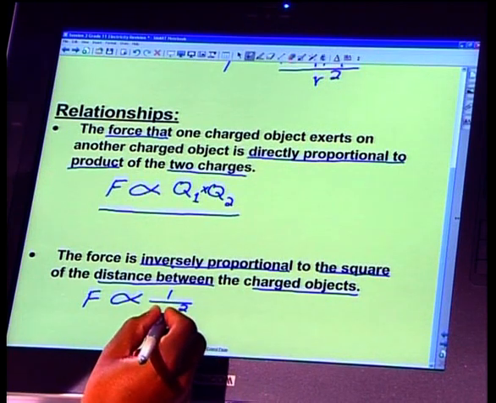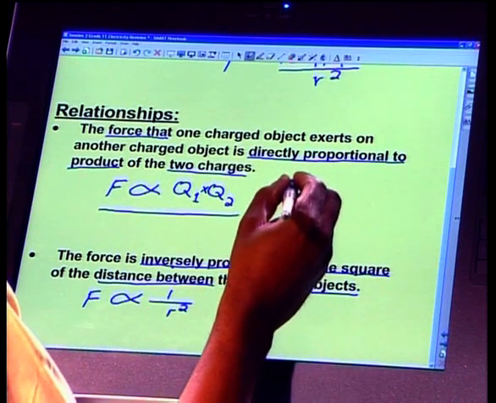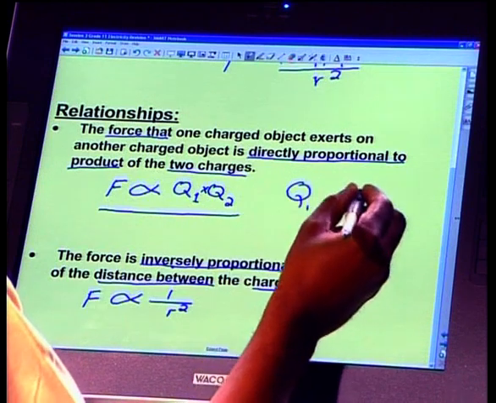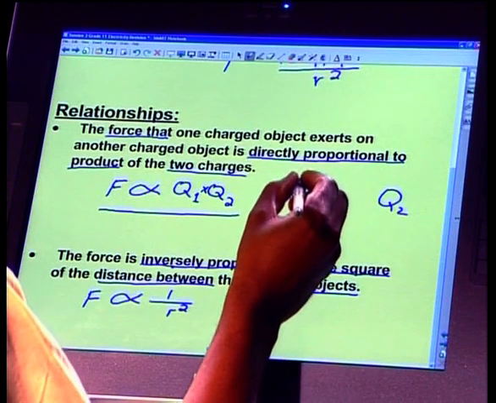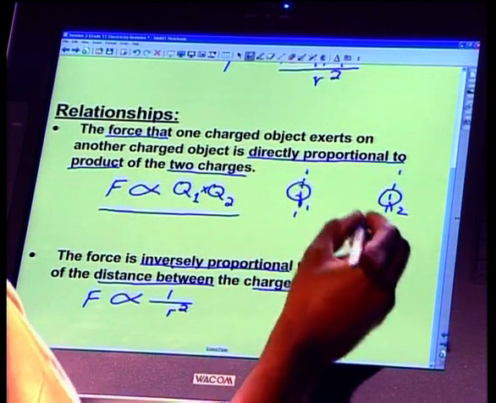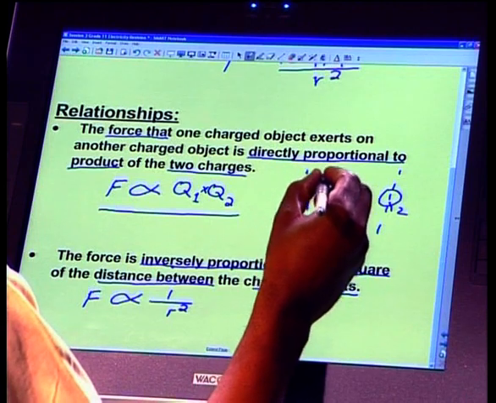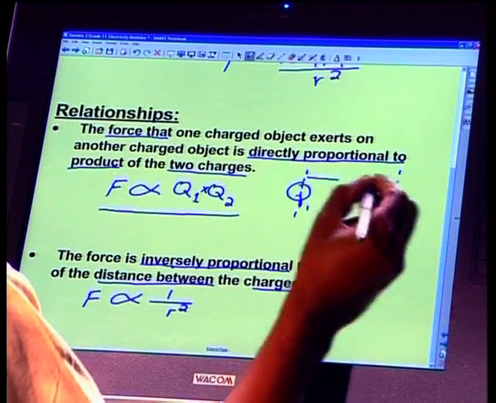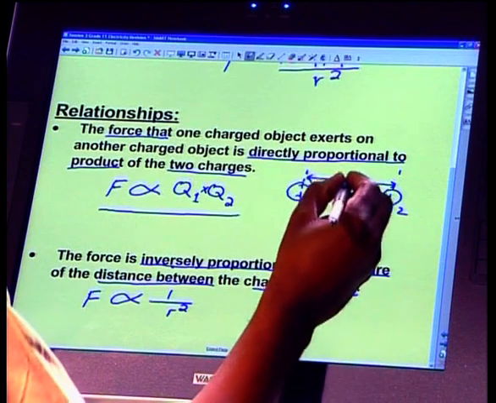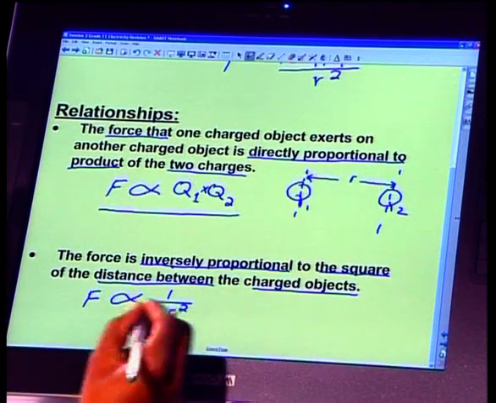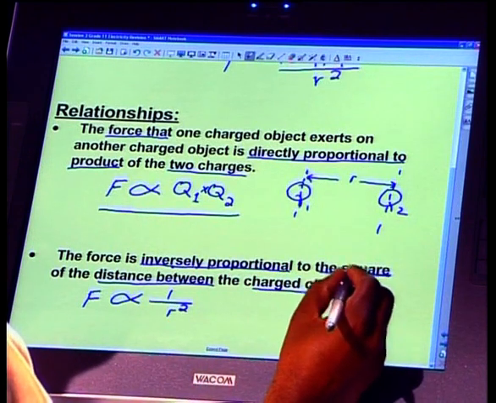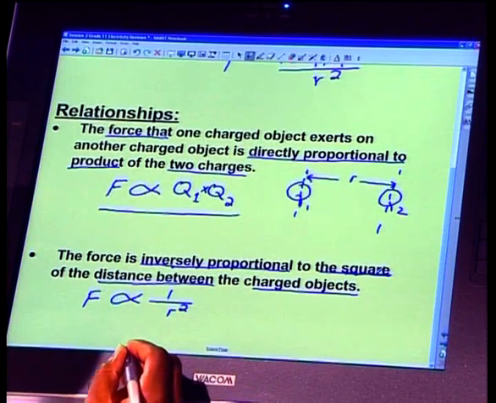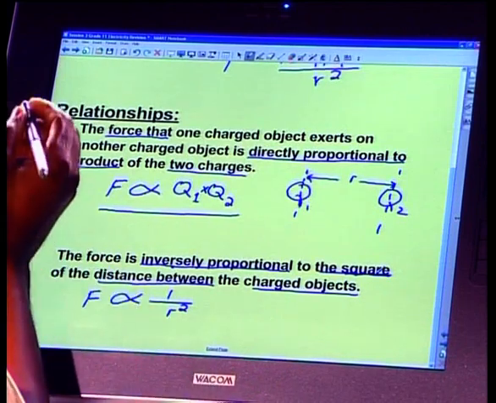We make use of small r to represent the distance between the charges. So if Q1 is here and Q2 is there, the distance we are referring to is the distance taken from the center of the two charged objects. So that will be our r. So that is the r squared that we're talking about. Remember, it says inversely proportional to the square of the distance between them. Don't forget that. It's very, very important.